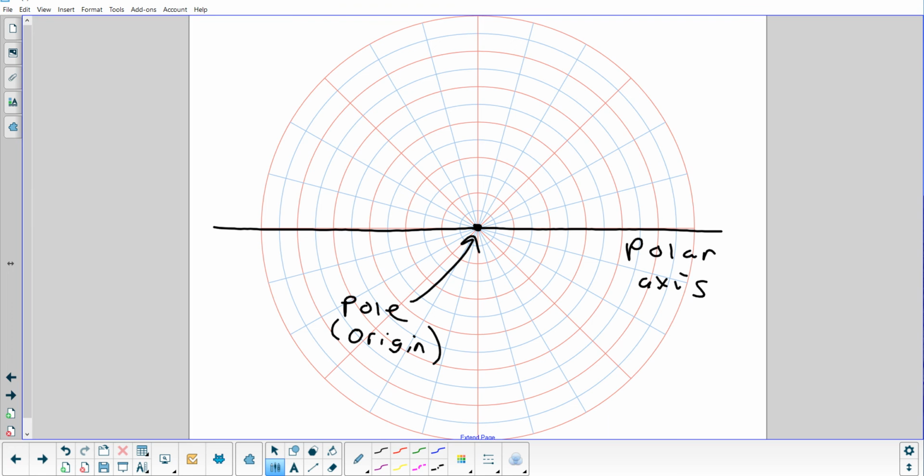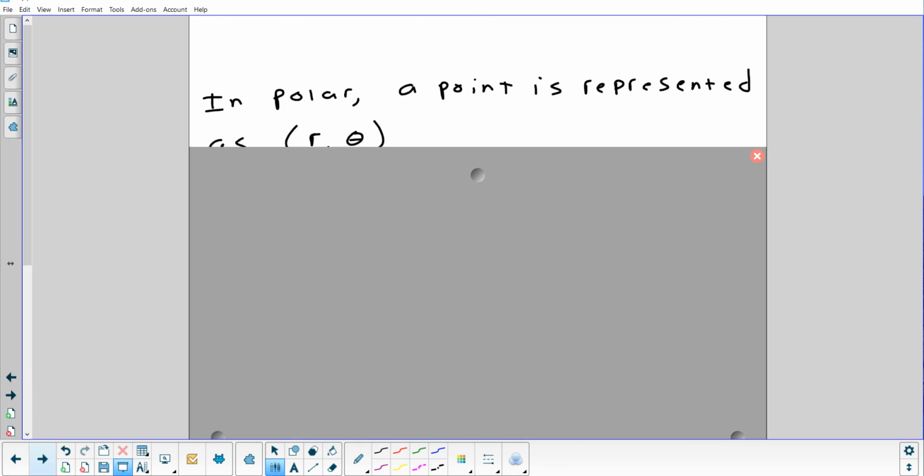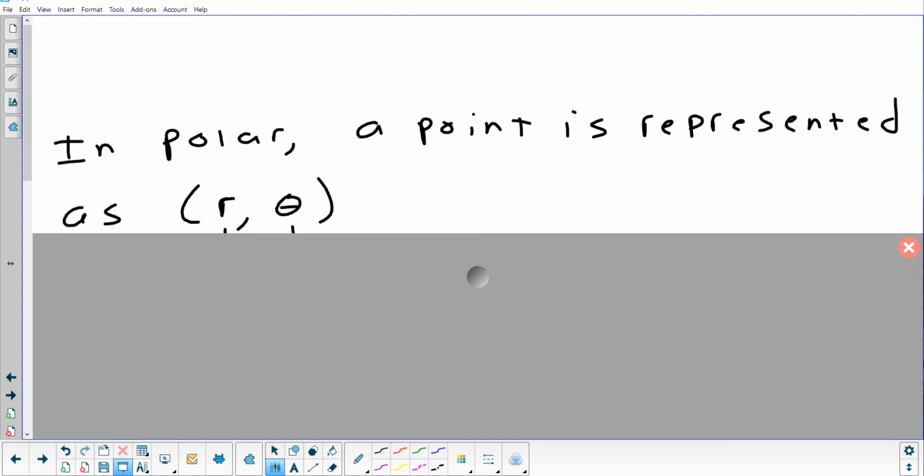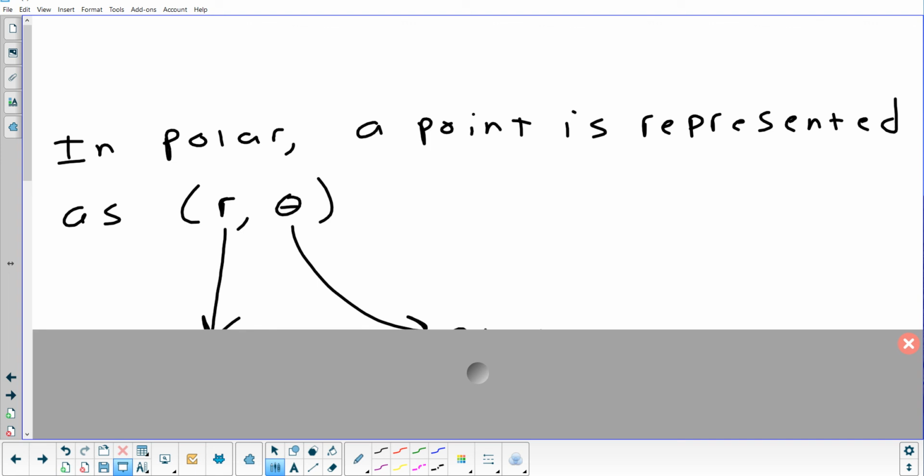Everything is measured as an angle from the polar axis. That's really the only axis you have. When you graph a point in polar, it still uses 2 values, but they're not an x and a y. The 2 values are an r and a theta.